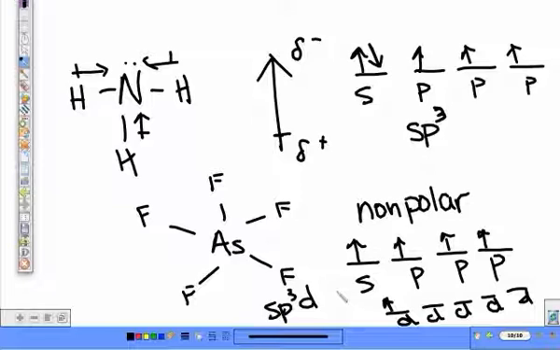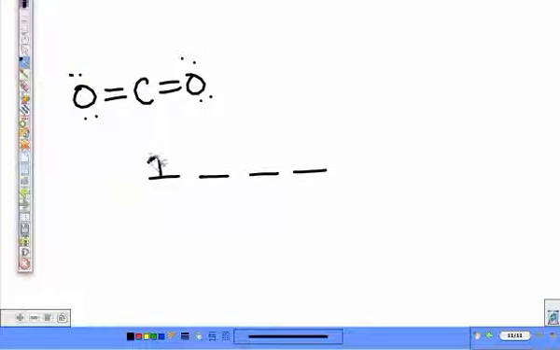Let's do a double bond. So carbon has how many valence electrons? 4. And do we have any lone pairs? No. So we'd have it look like this. But since we have double bonds, what kind of bonds do we have? Pi bonds.